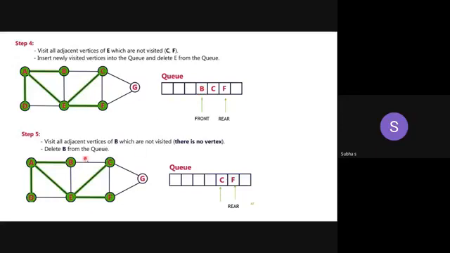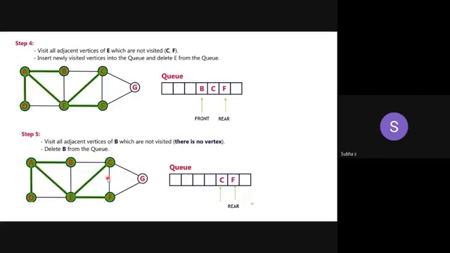What are the nodes adjacent to B? A, E and then C. The vertices directly connected by edges from B are the adjacent vertices. So A, E and C are all already visited. So no need to write them, just DQ. Okay, delete B from the Q.